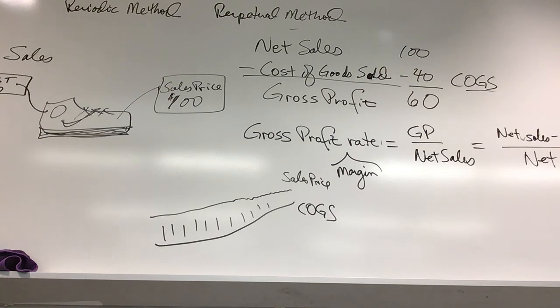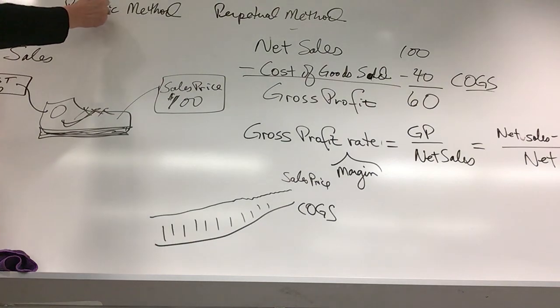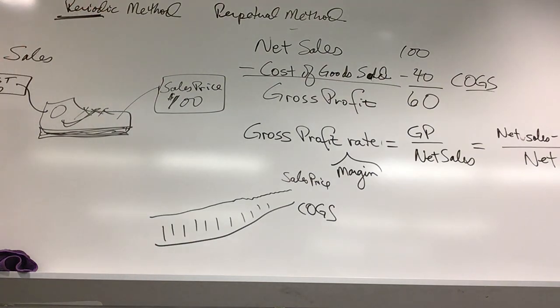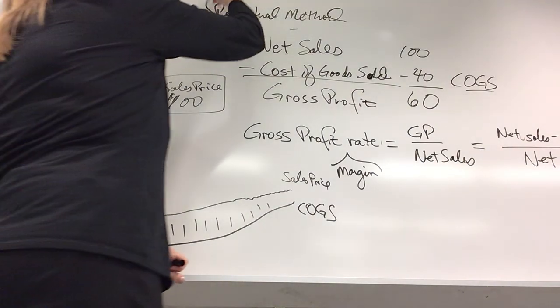One of them we update only at the end of the accounting period. Which one do you think that is? The periodic one has the word period in it. This one is updated only at the end of the accounting period. This one is updated at each sale.